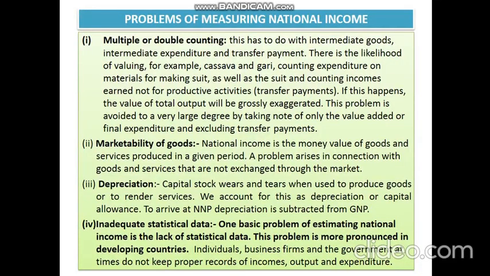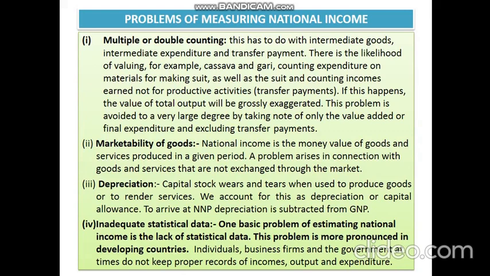Problems of measuring national income. Multiple or double counting. This has to do with intermediate goods, intermediate expenditure, and transfer payments. There is the likelihood of valuing, for example, cassava and gari, counting expenditure on materials for making soap as well as the soap, and counting incomes earned not for productive activities, transfer payments.